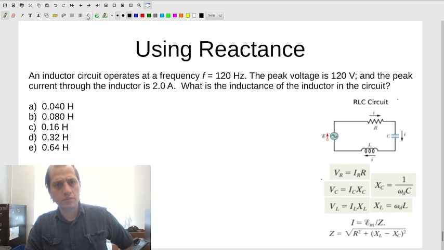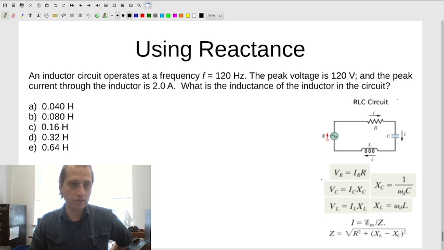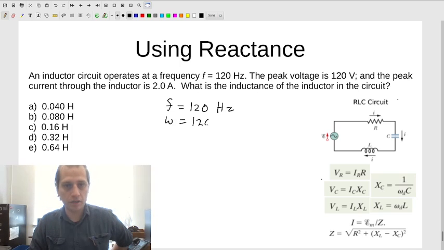This question would be a little bit too hard, although it is exactly what we did in lab. So it says an inductor circuit operates at a frequency of 120 hertz. So if you had your angular frequency, that would be 120 times 2 pi hertz. The peak voltage is 120 volts.